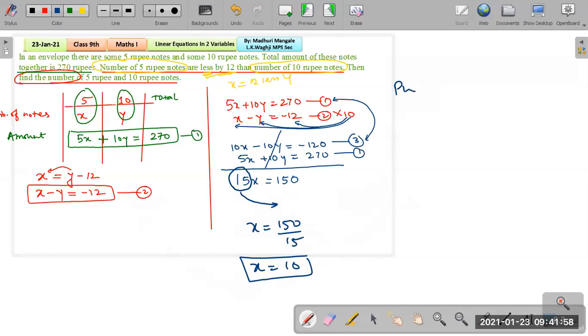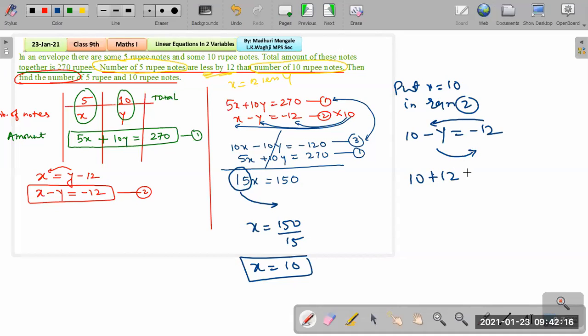So put x equals 10 in equation 2. 10 minus y equals minus 12. Shift this y to the other side and negative 12 to this side. So 10 and negative 12 will shift to this side. It will become a positive 22. That is equal to y.